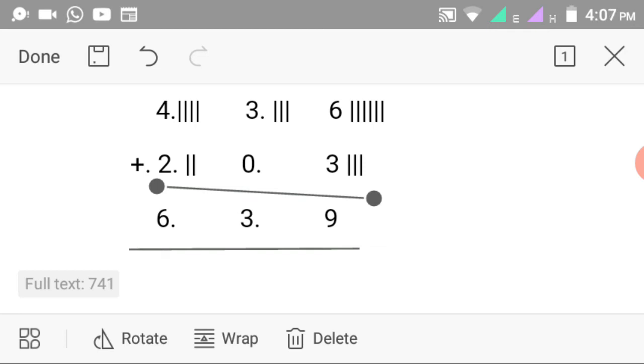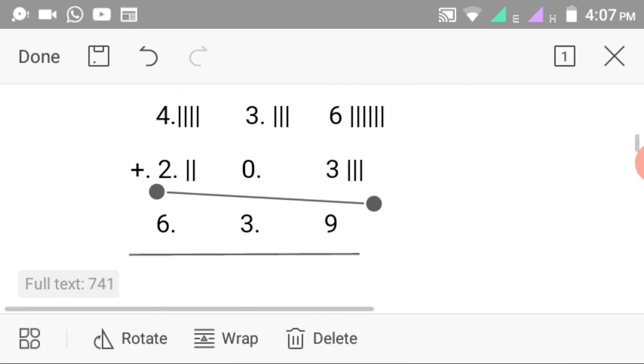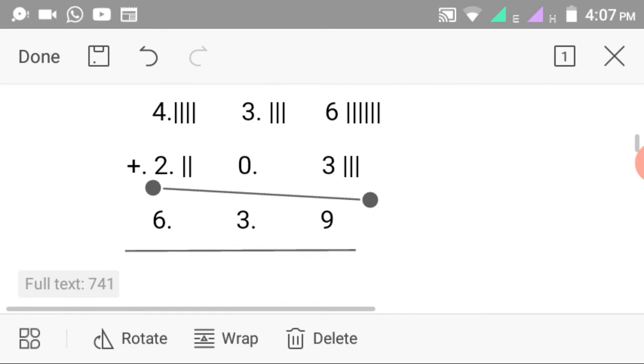And I will write my 6. So my answer is going to give me 6 hundreds, 3 tens, and 9 units.